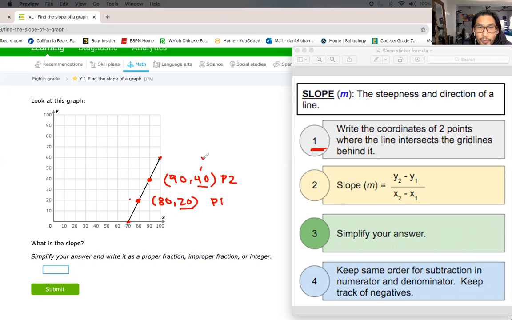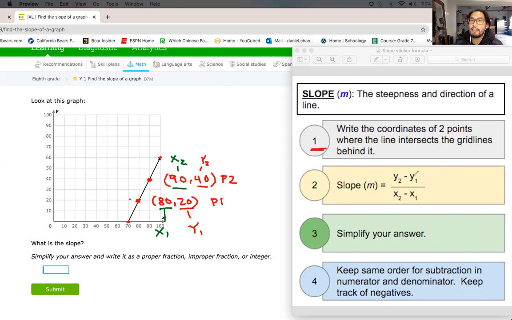Remember, that's the y coordinate of point 2 and the y coordinate of point 1. Then I'm going to use green to show you the x coordinate of point 2, and this is the x coordinate of point 1. I've got everything labeled. I can use this formula pretty easily now.